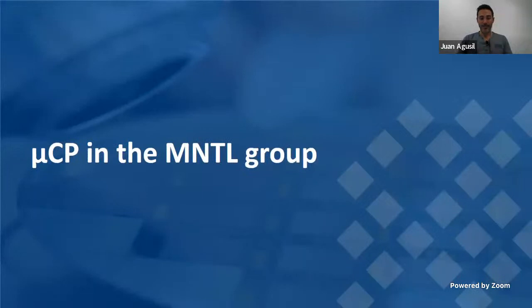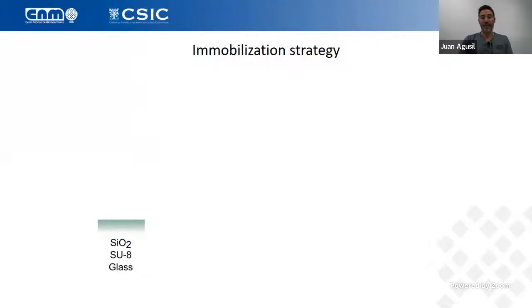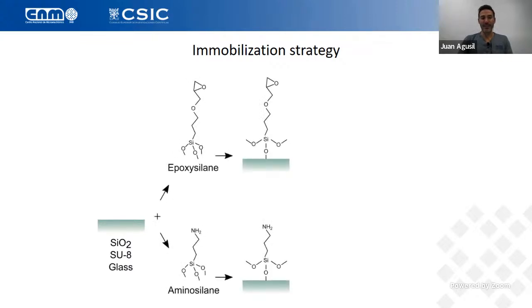So we have been using these techniques to translate functionality into several types of substrates and microparticles in the group. We use microcontact printing in the Micro and Nanotools group. The first part that we developed is an immobilization strategy. We have used silicon dioxide, SU-8, and glass. The idea is to generate a reactive surface, which we can call a chemical glue.